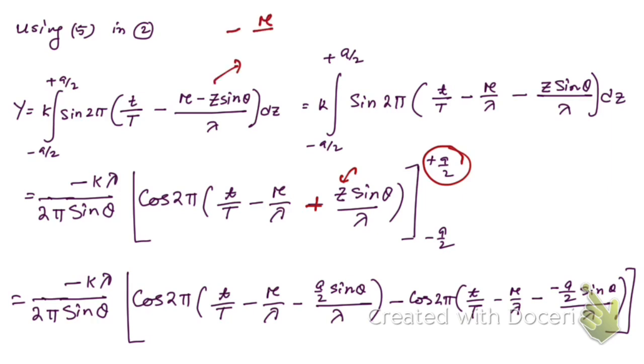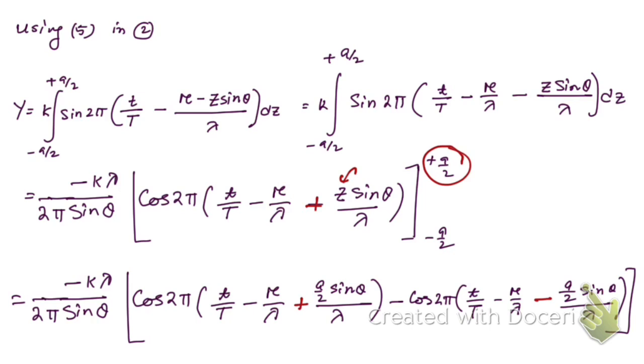If you write minus r by lambda, then again minus z sine theta by lambda, this minus and this minus becomes plus, right? Hope you have understood this. So that's why this sign is also plus, this supposed to be plus, and this supposed to be plus, and due to this minus, at the end we're gonna get minus here, right? Hope you have understood this.